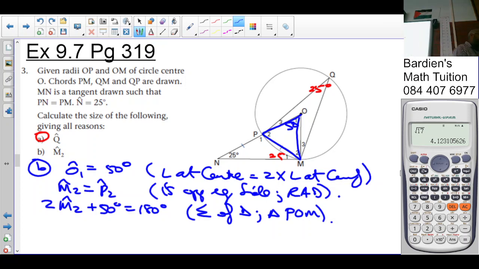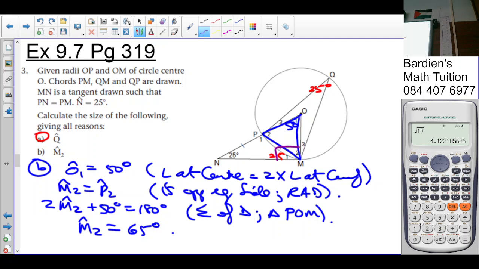So that would be 130 divided by 2? 65. And share the easier way.